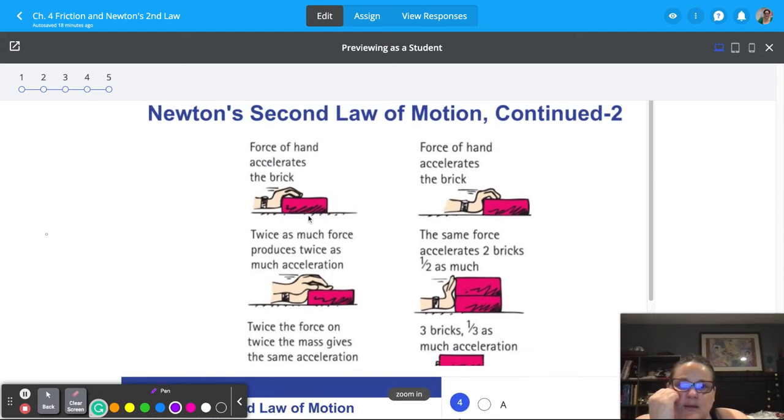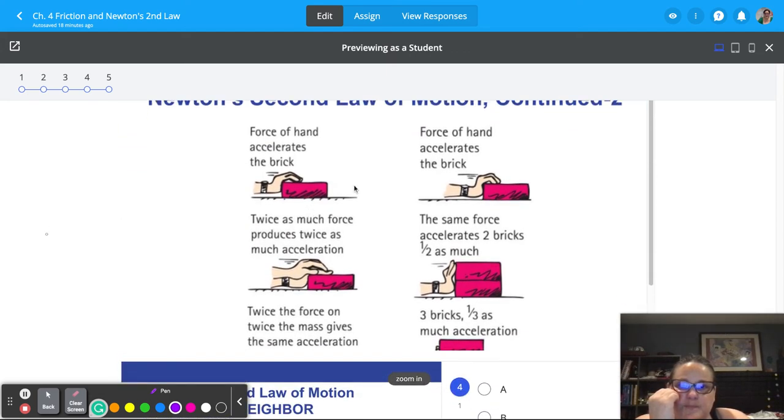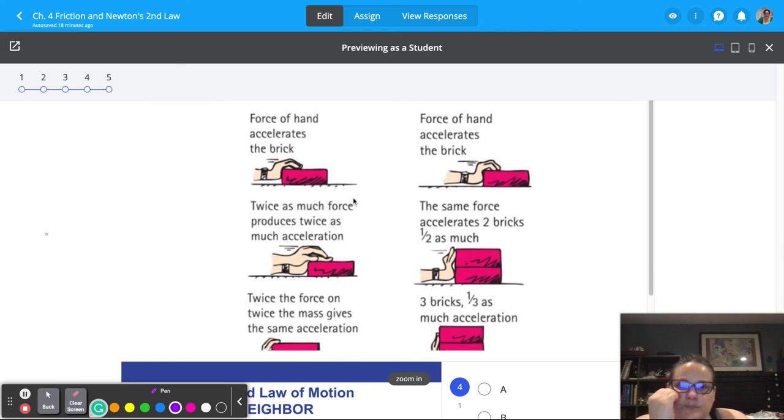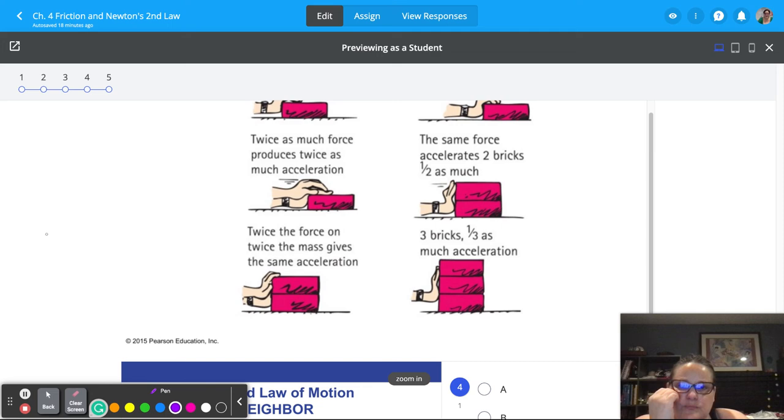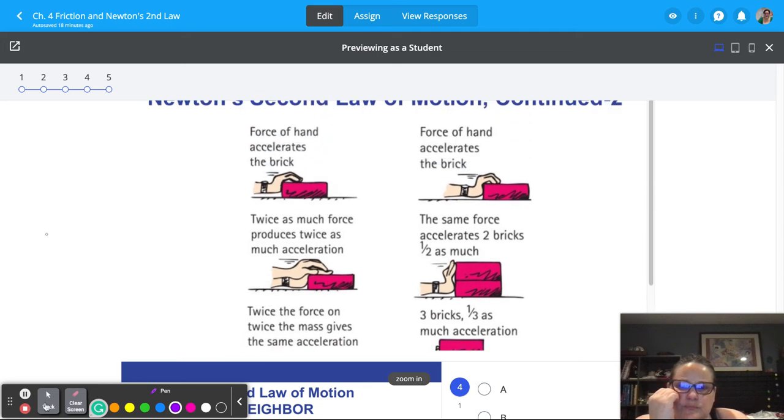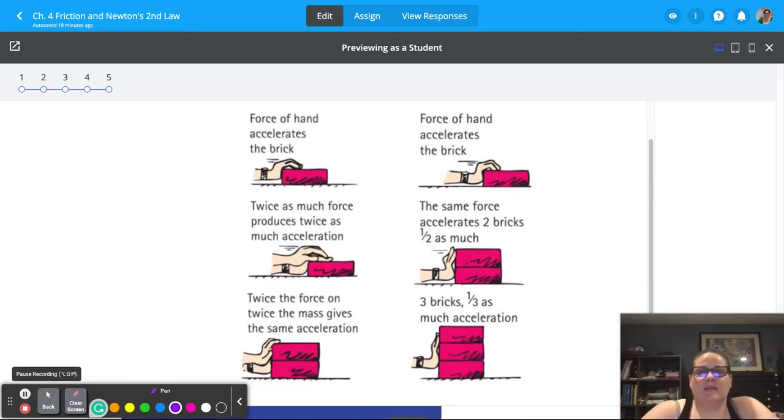Okay. Second law of motion. This image shares a couple different relationships between force, mass, and acceleration. The first would be these top two here.